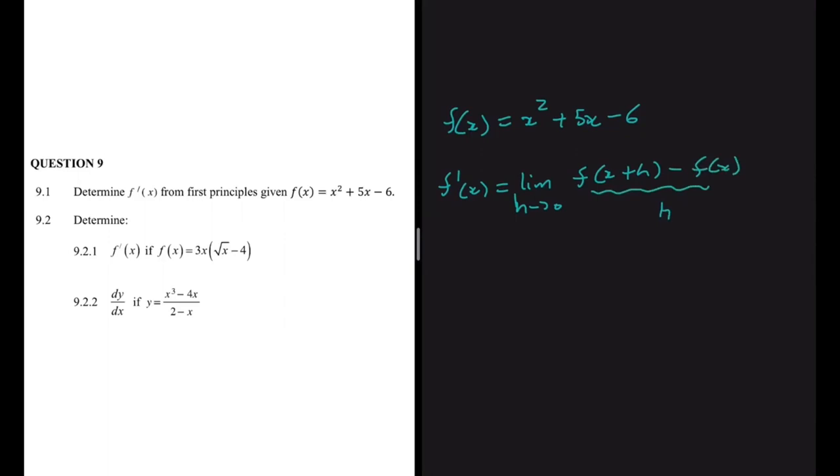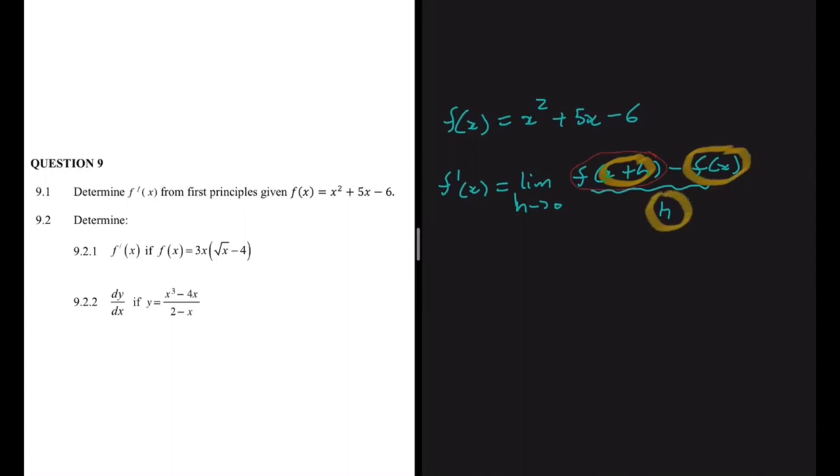What is left now is substituting into this equation. We just write f of x, but everywhere there's x, we put x plus h, then we subtract f of x itself, and then we divide everything by h.